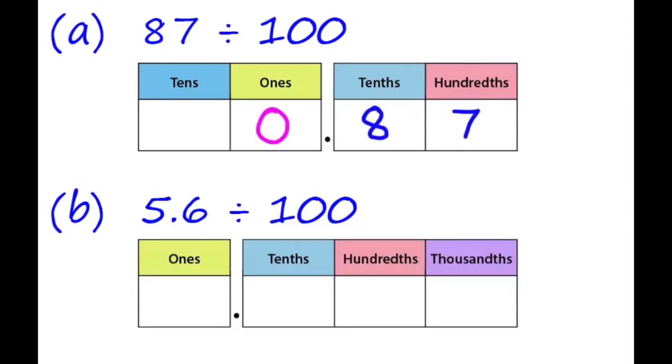So 87 divided by 100 is 0.87, because it means we then have 8/10 and 7/100.